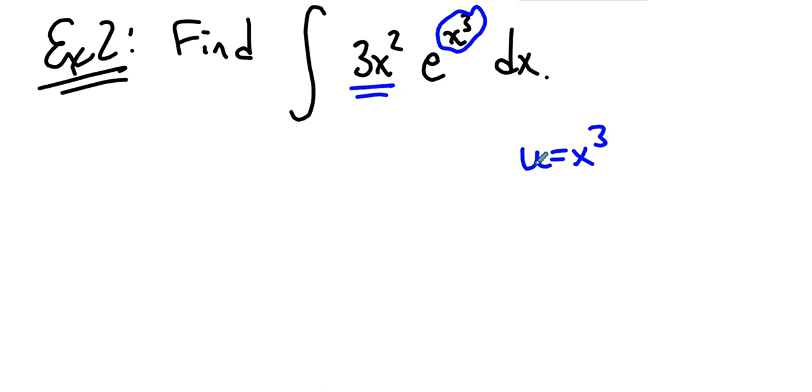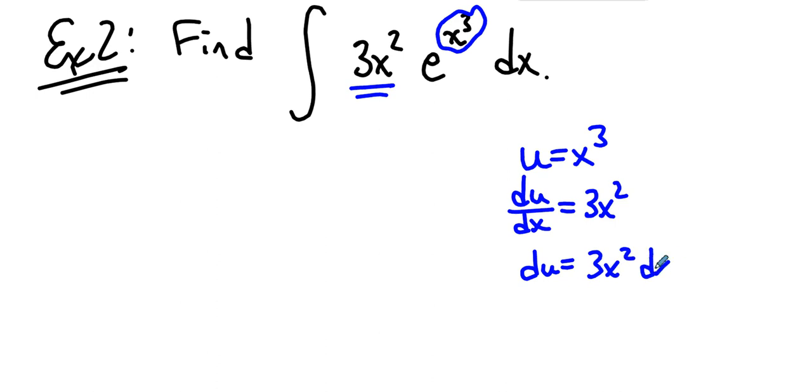And if u is x cubed, then the derivative of u is 3x squared. And so with a little bit of chicanery, 3x squared dx can be replaced by du. So what does that mean for this integral?